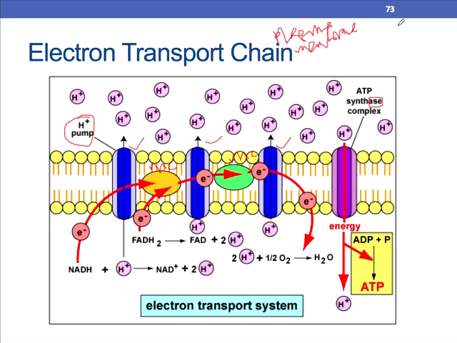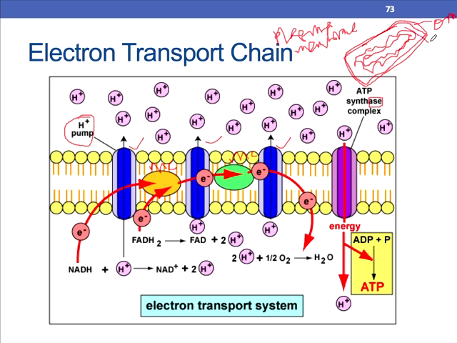And the mitochondria, from previous knowledge, we know has an outer membrane and an inner membrane as well. So that's the outer membrane, OM. I'm just going to use OM to shorten it.